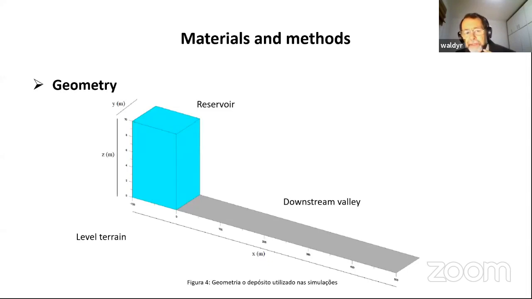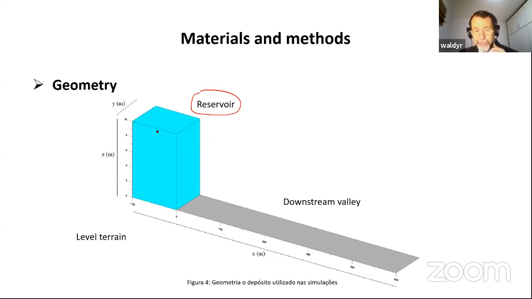So this is the geometry of our model. You have it divided in two parts. The first part, the reservoir. So the whole thing is a parallelepiped, a three-dimensional geometry.